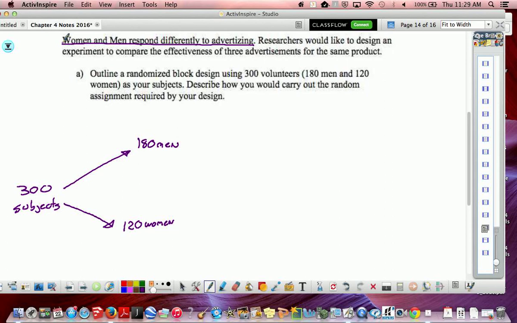So companies do that quite a bit. If you ever watch sporting events, watch the World Series, see what things are advertised during them. You might see a lot of products that are designed specifically for men.